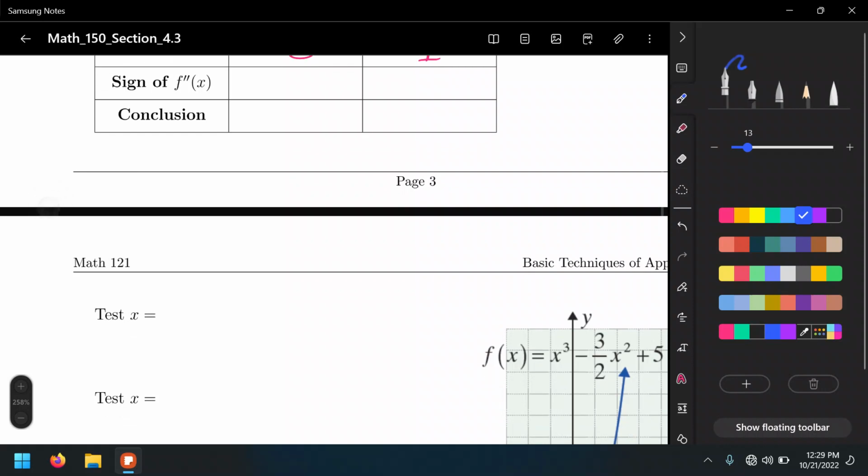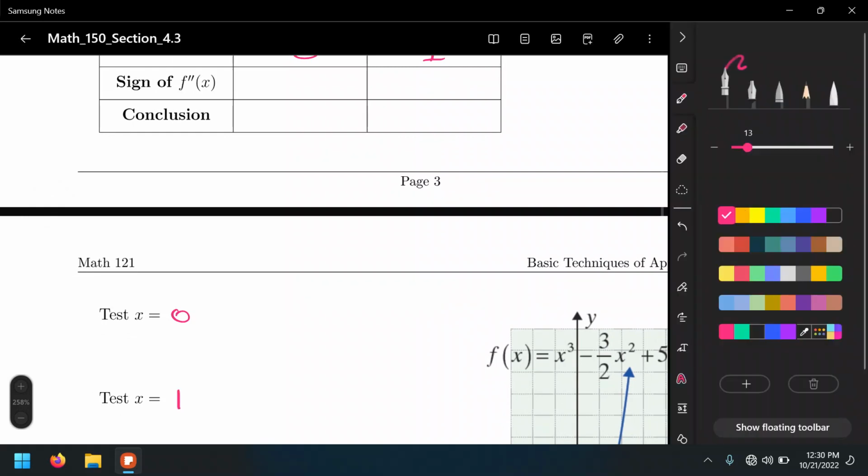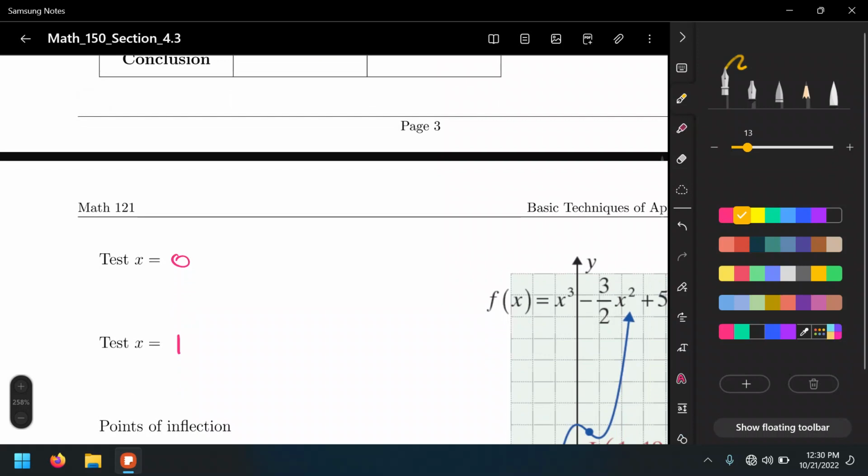We're going to test those values, x equals 0 and x equals 1. Where are we going to test this? Again, careful. Test this in f double prime, because we're looking at the second derivative test, all right?